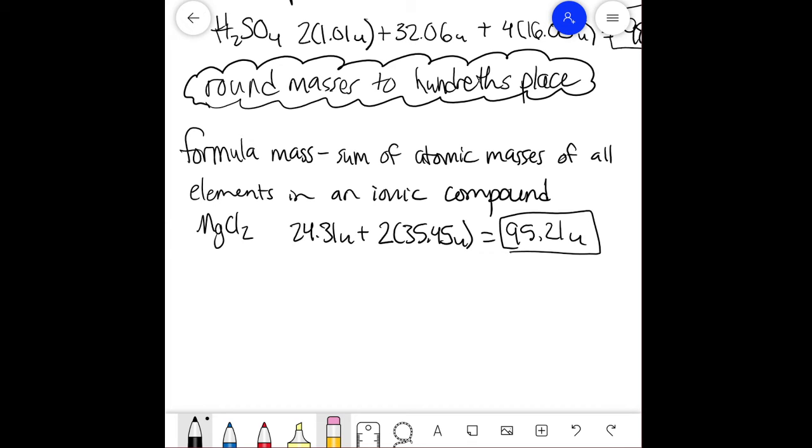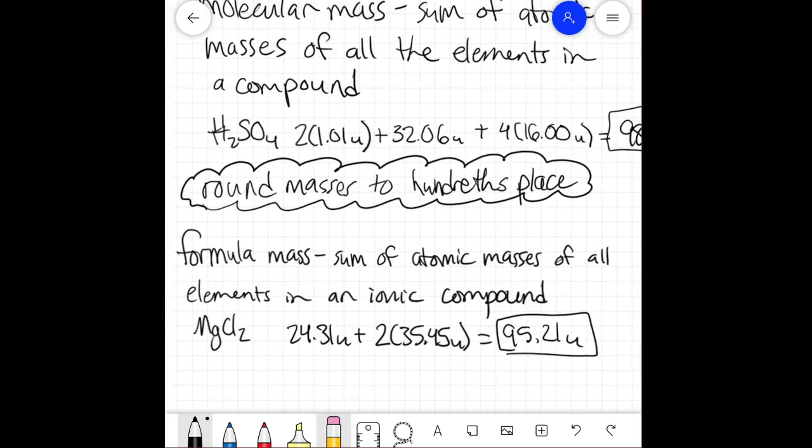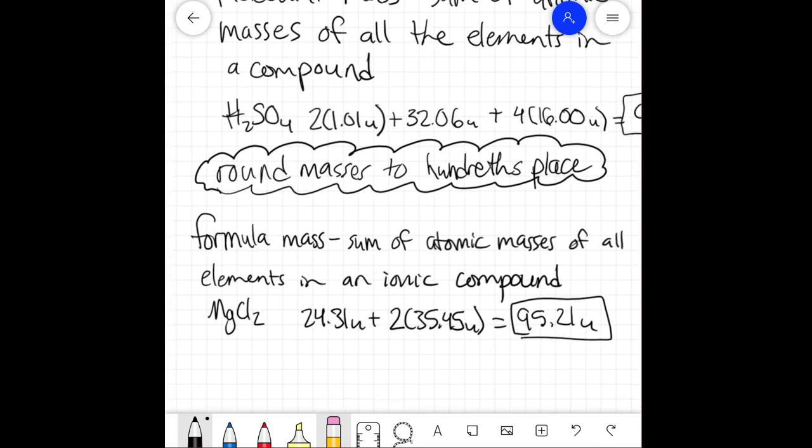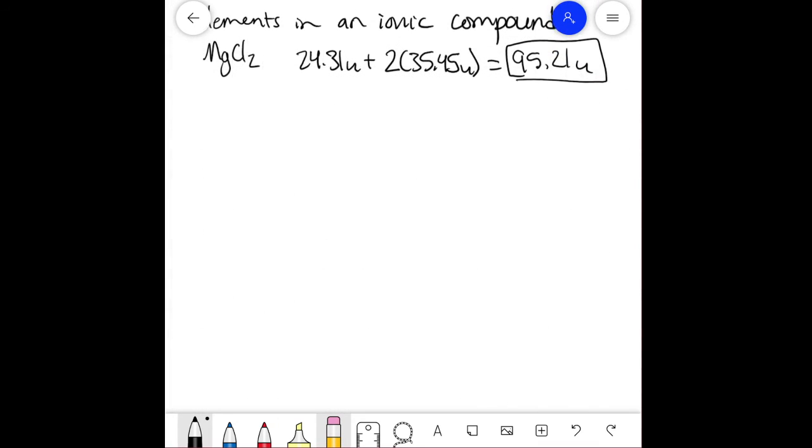It's basically the umbrella term. If you see formula weight, molecular weight, whatever, just go to the periodic table and add up all the elements. Remember to add up every element, like if you have one of those ions from the back, remember to do each one. Okay, so that's formula mass and molecular mass, which should be pretty simple.